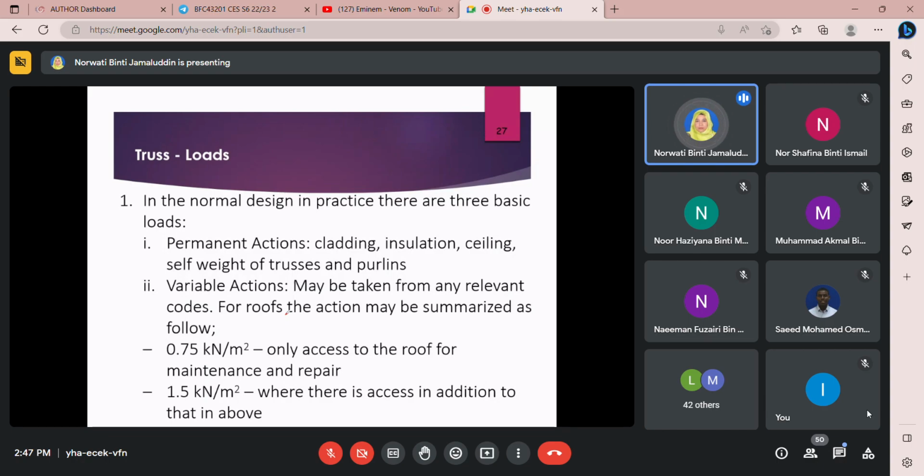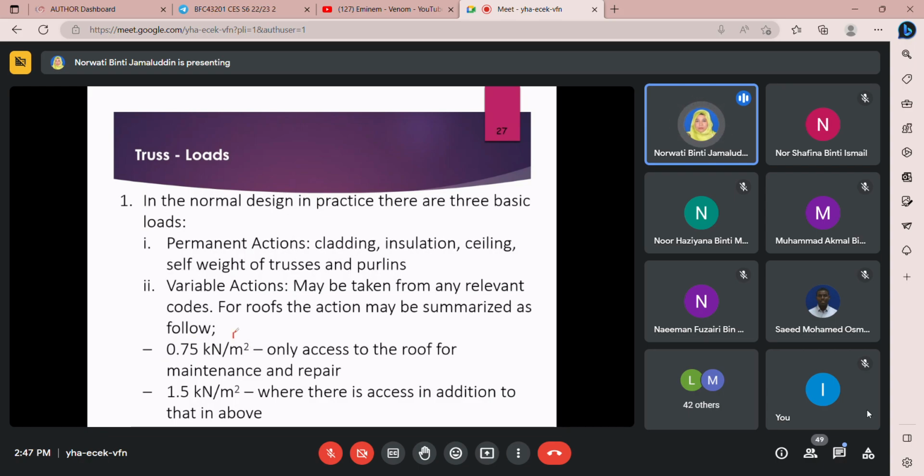For variable action, based on Eurocode, you can choose between these two values. I do not remember, I think it is 0.5. Last time it was 0.25, but I think they have already increased it to 0.75 according to Eurocode. This load is in kilonewton per meter squared.